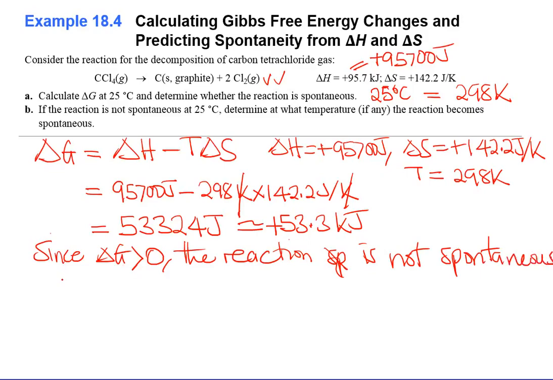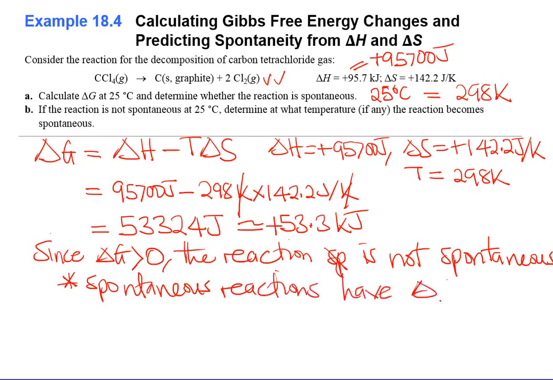Why? Spontaneous reactions have delta G less than 0. So a spontaneous reaction is going to release free energy. Therefore, it has delta G less than 0. This reaction is not spontaneous.